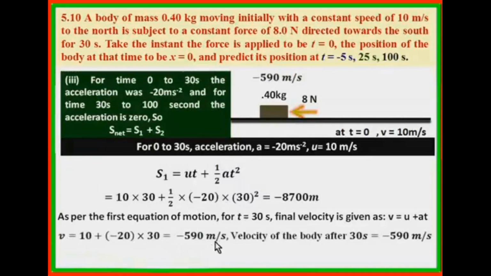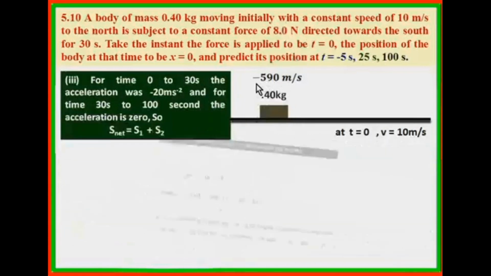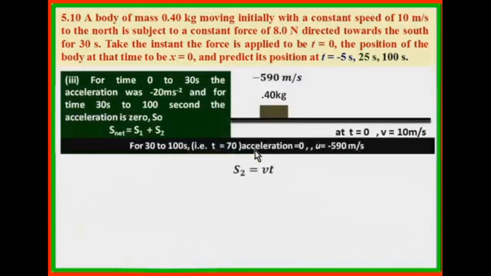The final velocity is minus 590 meter per second. For the second part, minus 590 meter per second is going to be the initial speed, and the acceleration is going to be 0, since the force is no longer applied. The time duration is 30 to 100, which is 70 seconds.